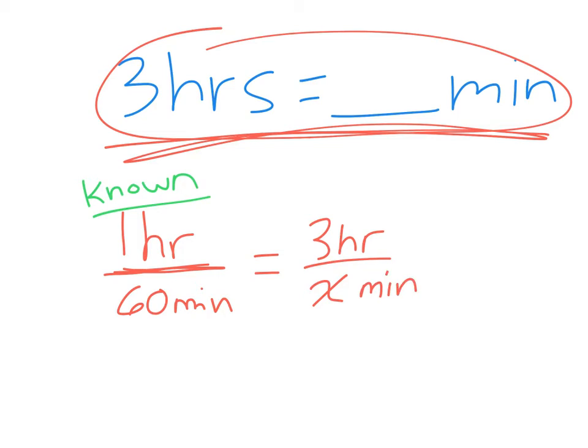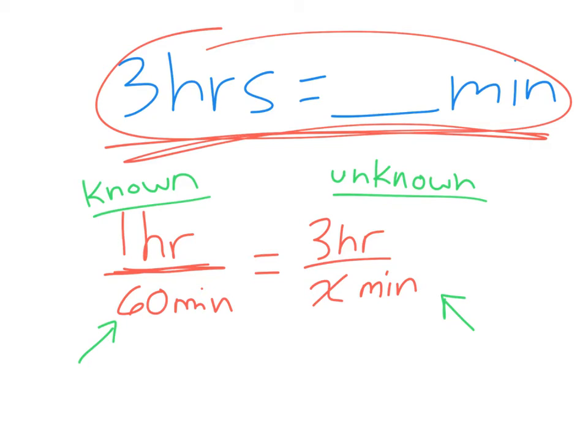As long as your proportion is set up this way, with one side your known and the other side your unknown, and as long as your units match up, because a proportion shows that a known relationship on one side is equal to the relationship on the other side.